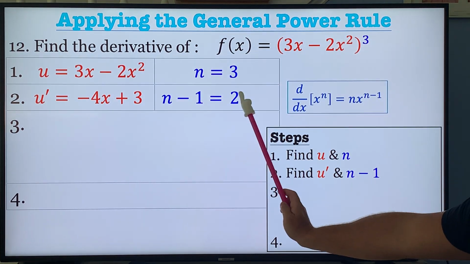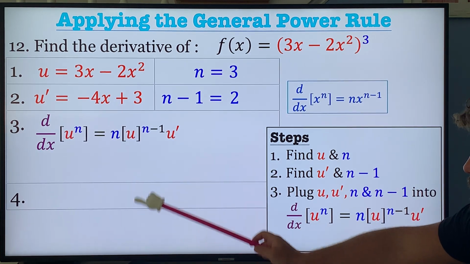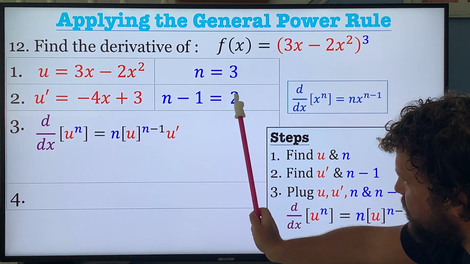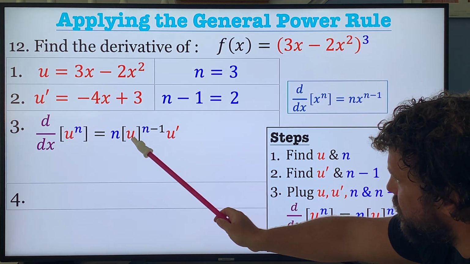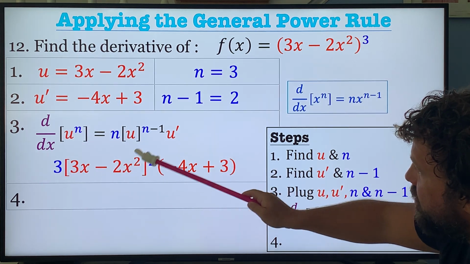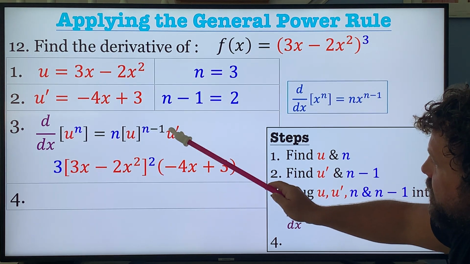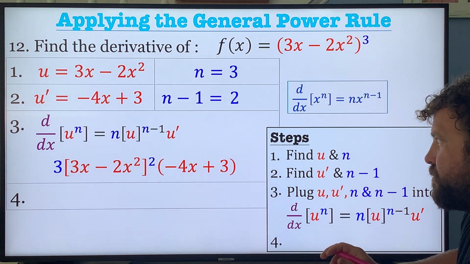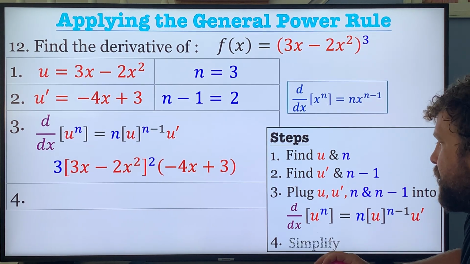Now you're going to plug both of these into the equation: n u to the n minus 1 u prime. So n is 2. u is 3x minus 2x squared, times u prime, which is negative 4x plus 3. Simplify.